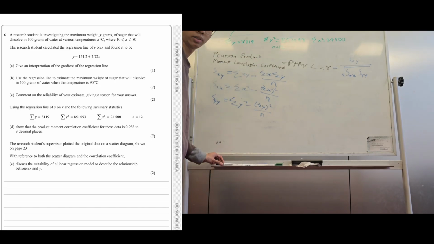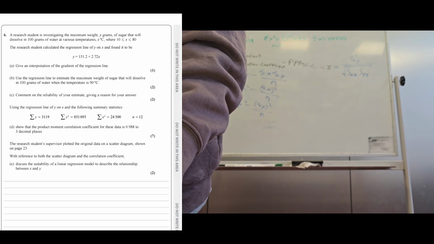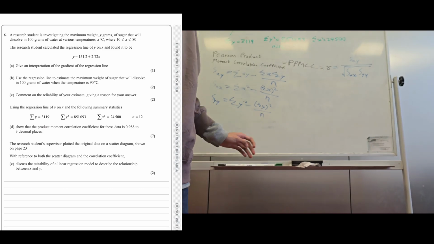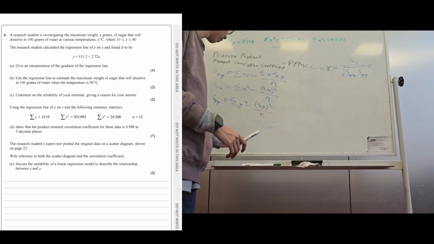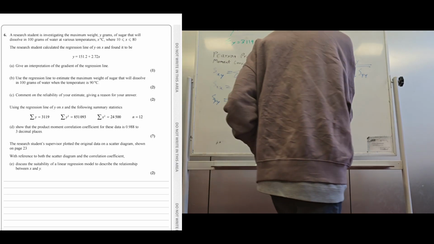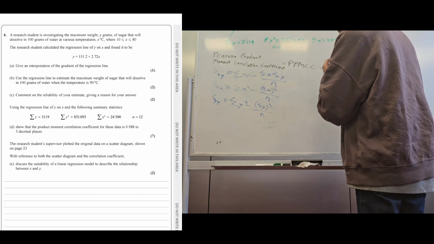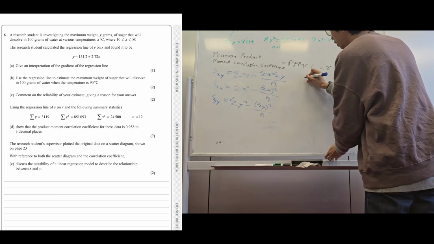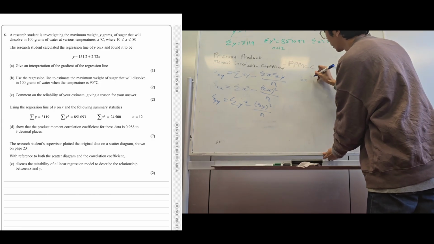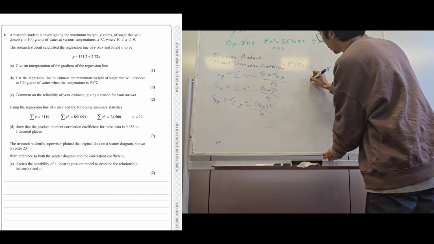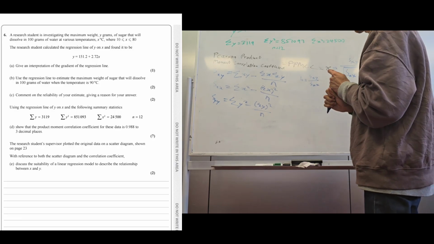So let's look at this formula here. Let's look at what a and b are. If I remember correctly, let's start with b. The formula for b, which is the gradient, would be equal to Sxy divided by Sxx. That is the formula for b.